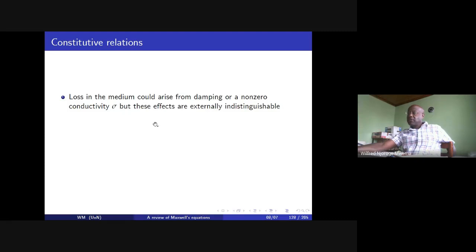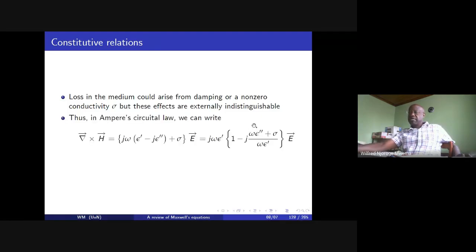So the material could be conductive, or it could be because of the damping in the polarization. As far as we are concerned externally, the dissipation just appears to us as heat, and therefore you can say this is heat due to current flow through a resistance, or it's the damping effect in the polarization. So we call them indistinguishable.